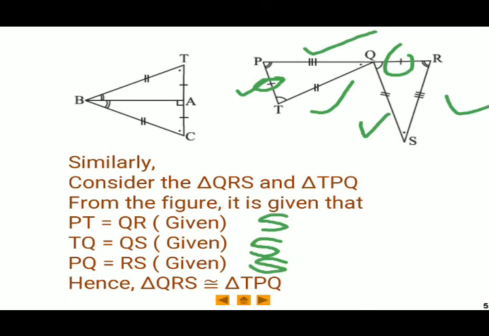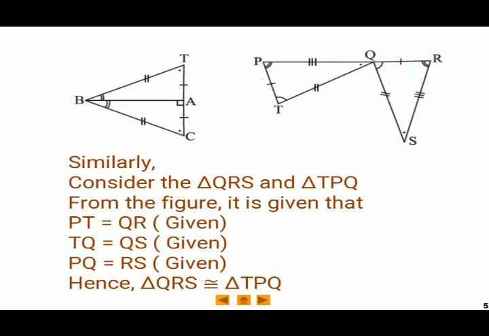So by which congruence? By the SSS criterion we can write down that triangle QRS is congruent to, so first we write down Q. So with Q, what will we write down? Here you can see the same angle is there and here an angle is there, same.